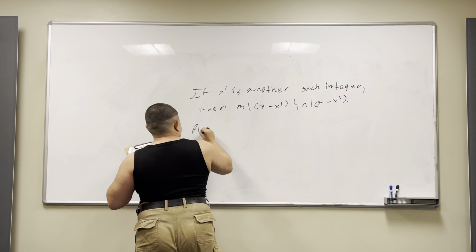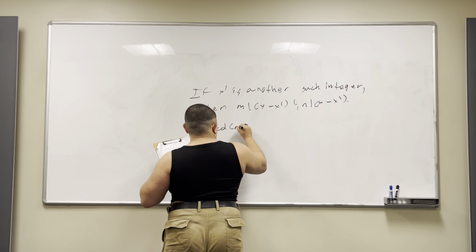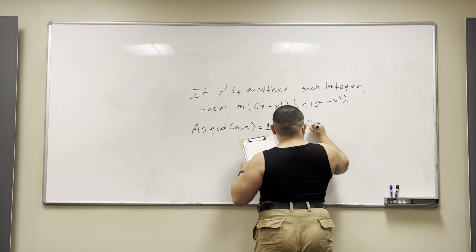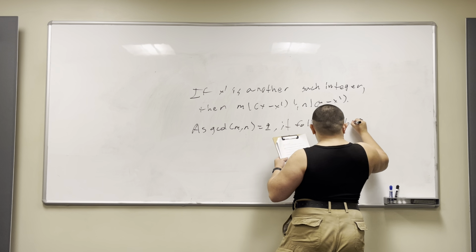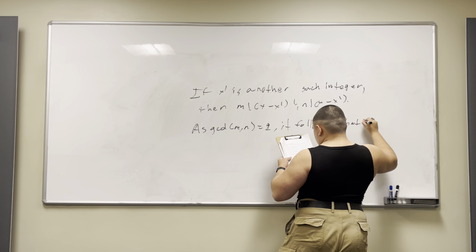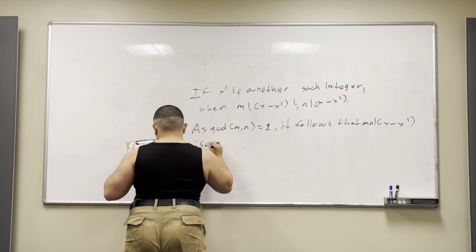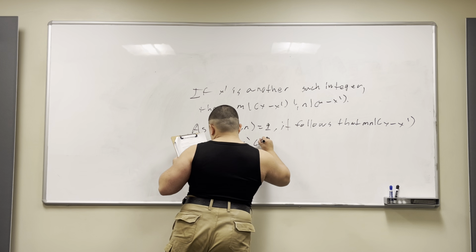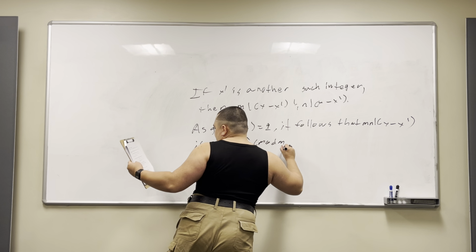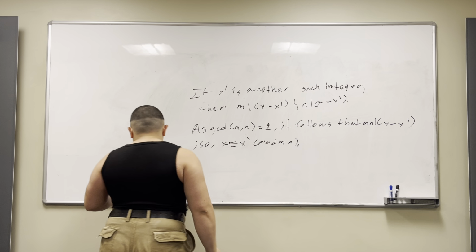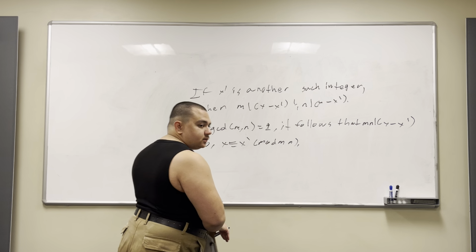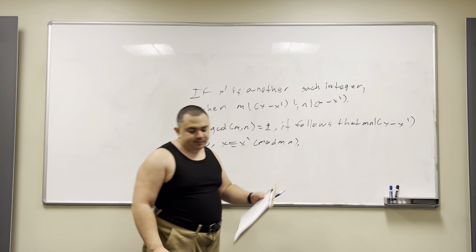Now, as the GCD of m and n is equal to 1, it follows that mn divides x minus x prime. So, x is equal to x prime modulo mn. It's unique, up to modulo mn.